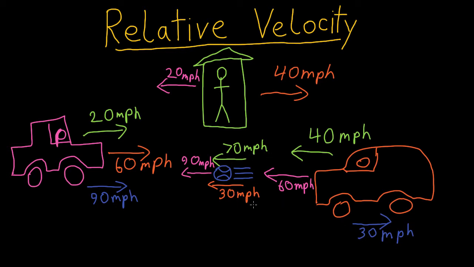We've already noticed that. The relative velocity between these two cars is 60 miles an hour. And so those same numbers appear in both places and the arrows are reversed. So from the ball's perspective, you are going to be moving to the right at 70 miles per hour.